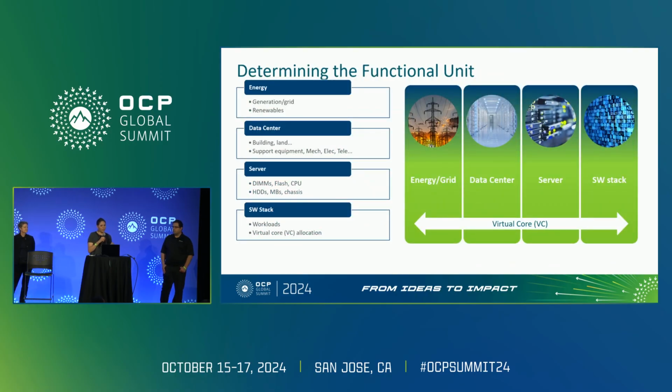And finally, just to give a little more explanation around the function of the unit, because it is really important. When we talk about a virtual core, we're taking into account the energy provided by either the grid, but we also looked at a renewable energy scenario because Microsoft is committed to 100% renewable energy at all of its data centers globally. The data center itself, the building, you might be thinking, how do you get a building down to a virtual core?